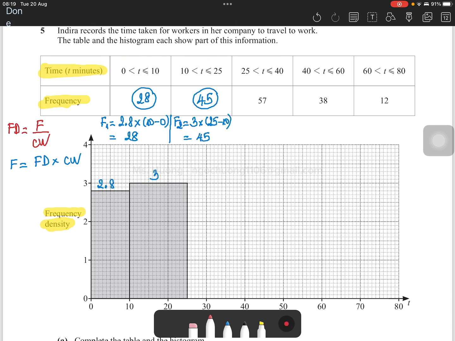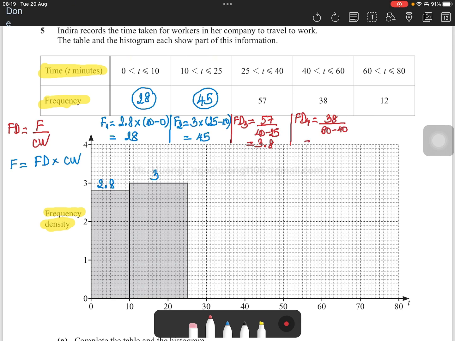And now let's talk about the frequency density of the third block. It is frequency 57 divided by class width, which means 40 minus 25. So this one is equal to 3.8. And for the fourth block, the frequency density is equal to frequency 38 divided by class width, 60 minus 40.